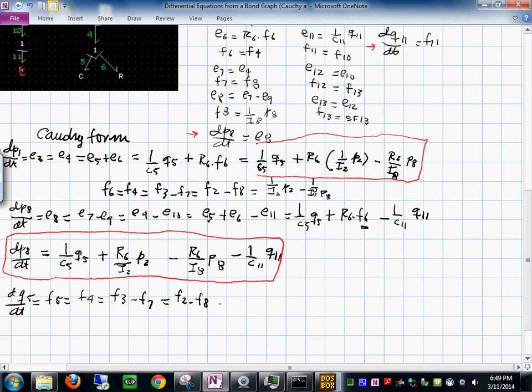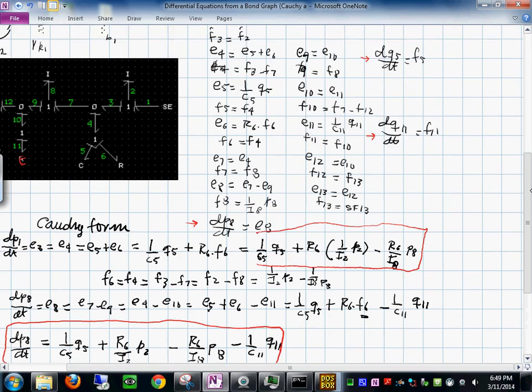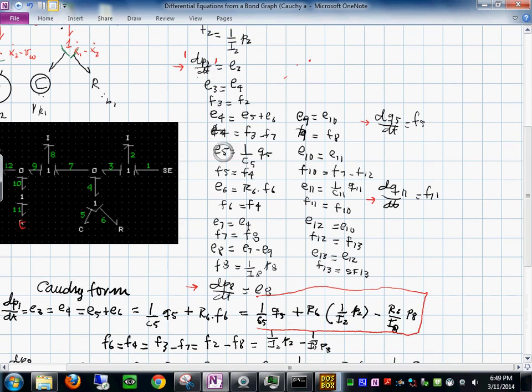And then, of course, f sub 2 is going to be equal to 1 over I sub 2 p sub 2, and this is 1 over I sub 8 p sub 8, because that is f sub 8 right there. And f2 is the one that is right here. Where is f2? Right there.